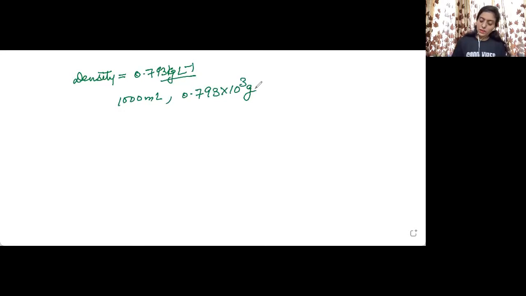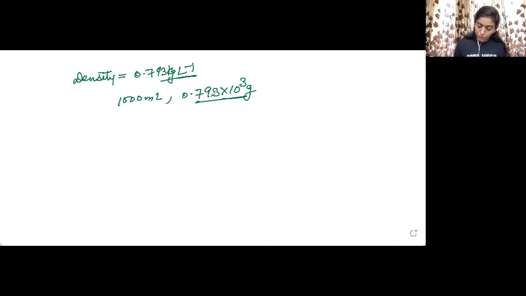Or we can say in 1000 ml of methanol, 0.793 into 10 raised to the power 3 gram is present. I have just written ml in place of liter; 1 liter is equal to 1000 ml, and this mass has been converted from kilogram into gram.